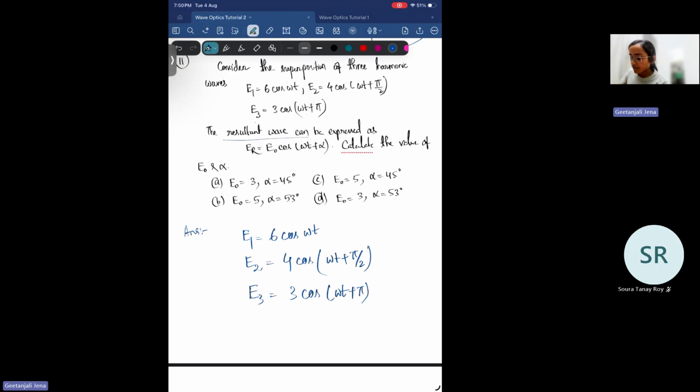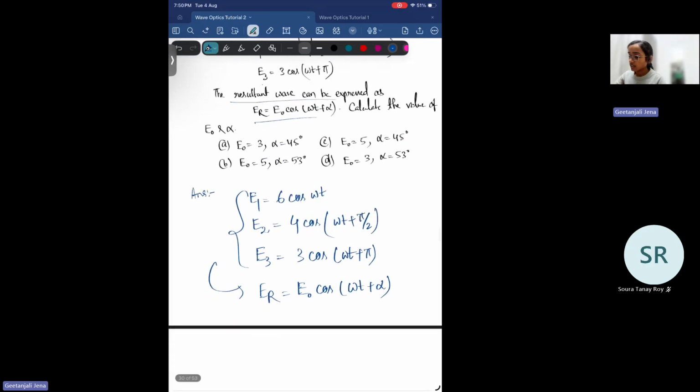So the resultant wave for these three waves, if we superimpose, we get ER is E0 cos omega t plus alpha. So what are the values of omega and alpha here?